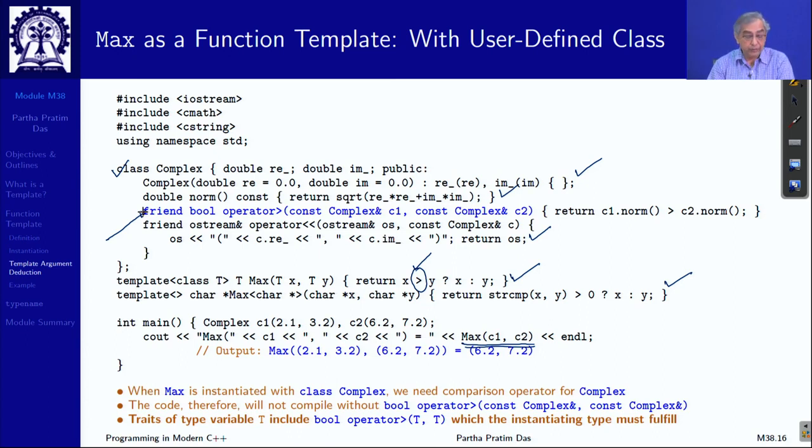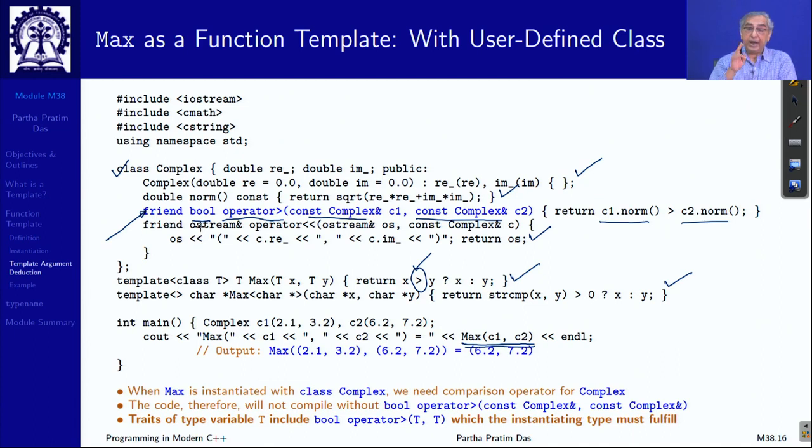So, what I have to do is, if I want complex numbers to be compared, naturally I have to provide the logic for that comparison, right. So, my logic here is their norms to be compared, or you can give some other logic. But the basic point is, I must provide an overload for operator greater than, which takes 2 complex and returns a bool.